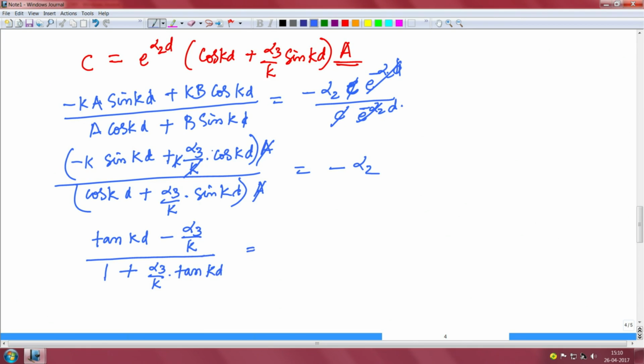So, I have divided numerator by k, I will also divide this side also by k, and this minus sign has gone with the other minus sign here. So, alpha 2 by k.